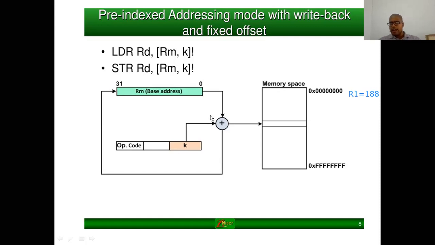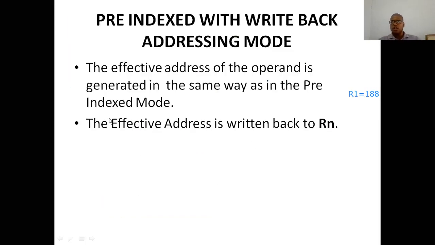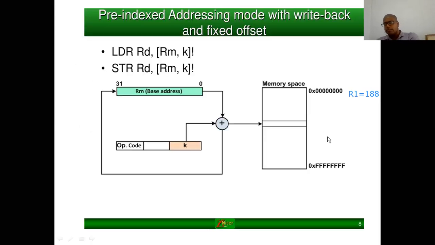That means whatever answer I get, one copy will go to the memory and the other copy will be transferred again to the Rm register. So it is called write back. I am writing back the result here. That's what they have mentioned here. The effective address is written back to Rn. It may be Rn or Rm, it is not a problem. Here, this is a register.